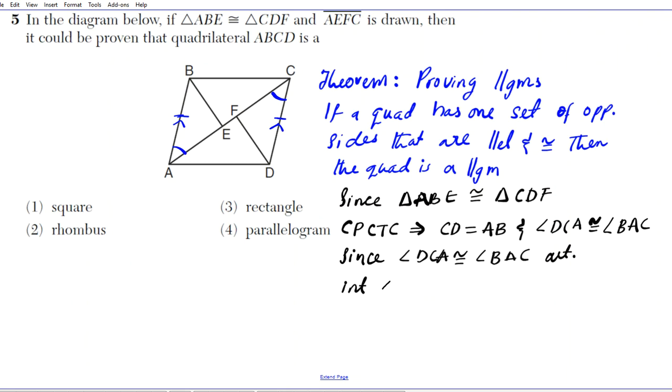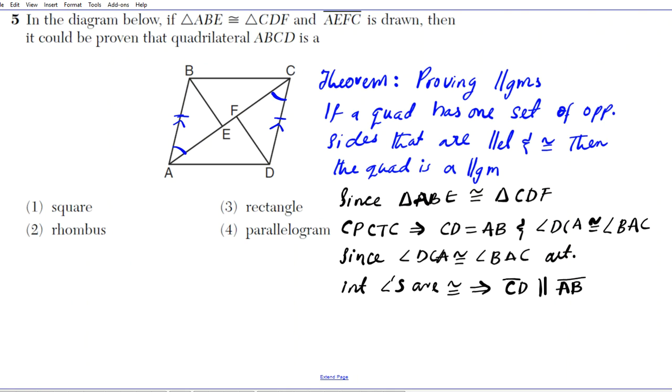Alternate interior angles that are congruent imply that the two sides containing them are parallel. So it follows that CD is parallel to AB.